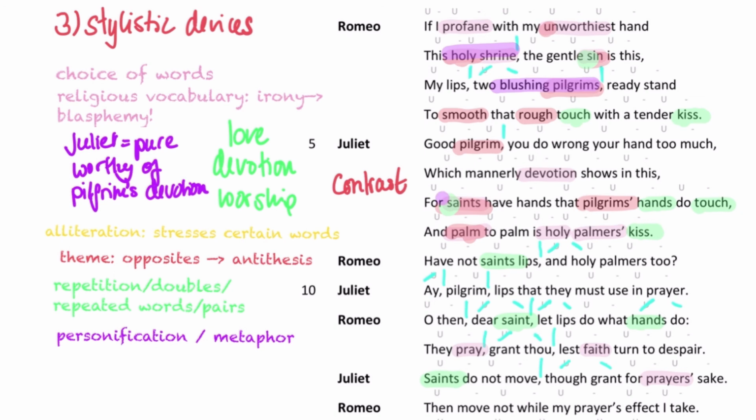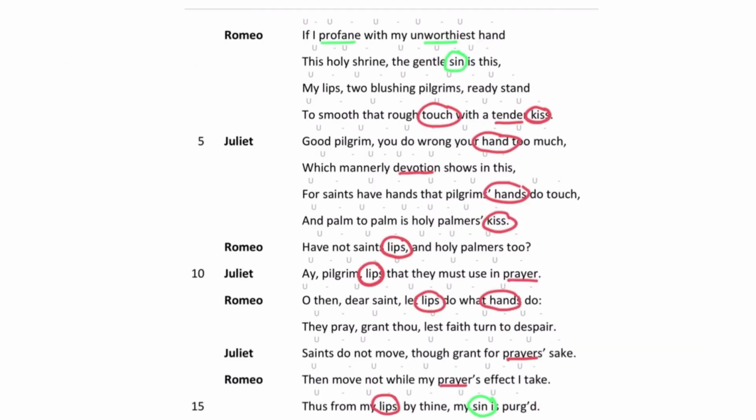I think we could also say that calling her a saint, like the holy shrine, is also a metaphor for her innocence.